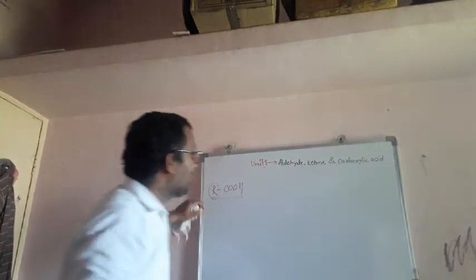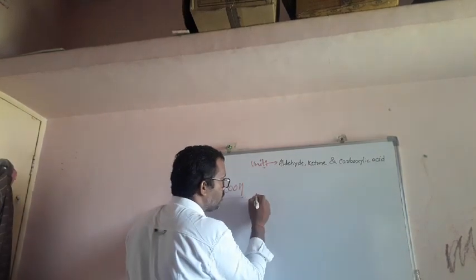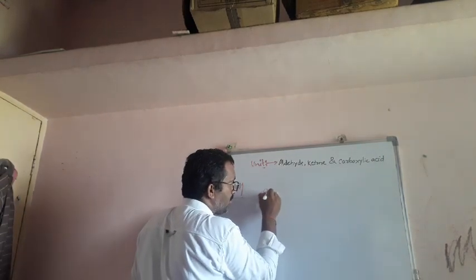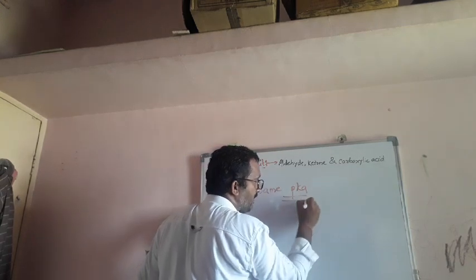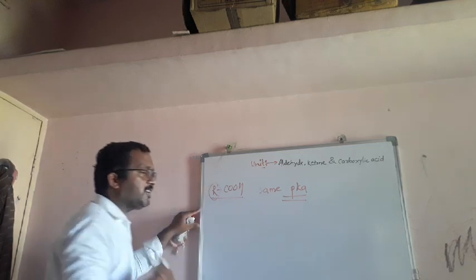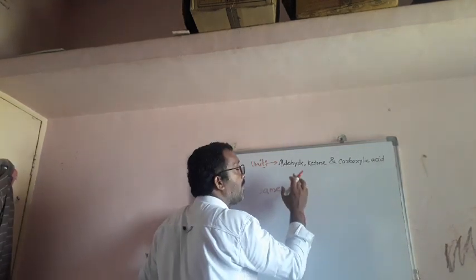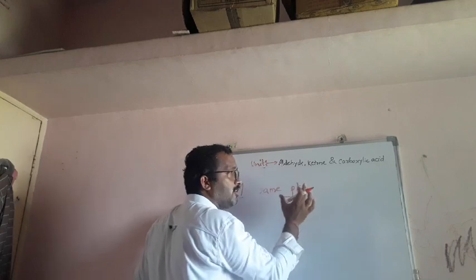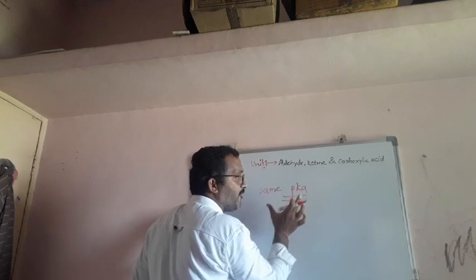All the carboxylic acids do not have the same pK values. It means different carboxylic acids have different strengths of acidity, that is, different pK values.